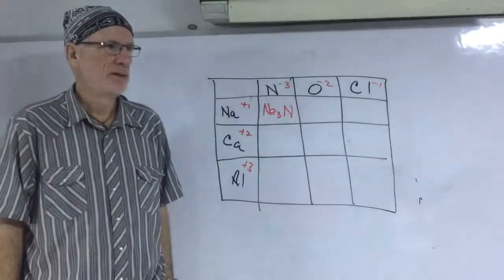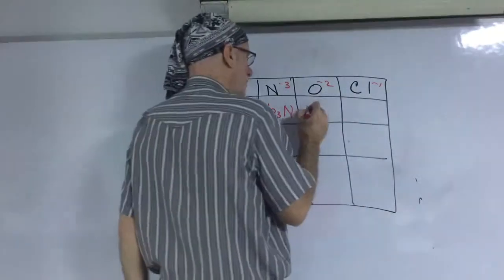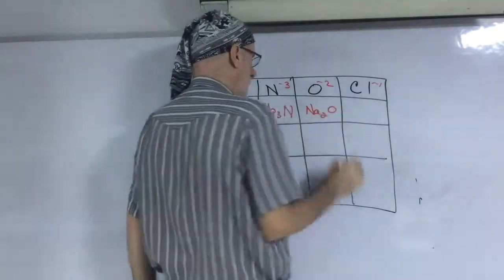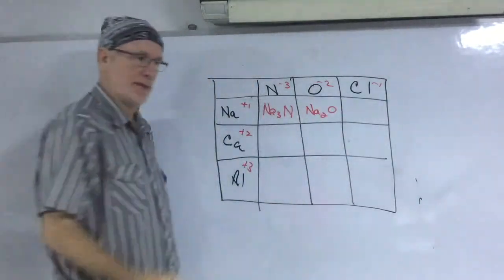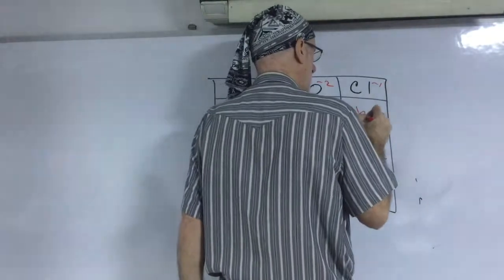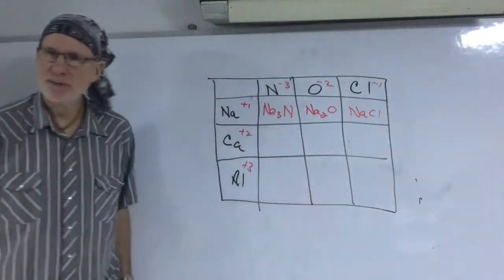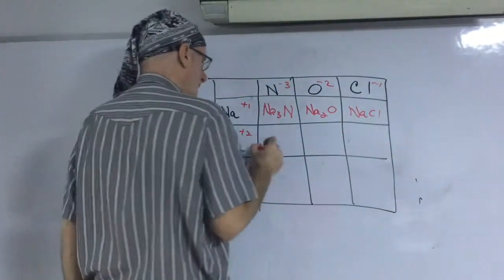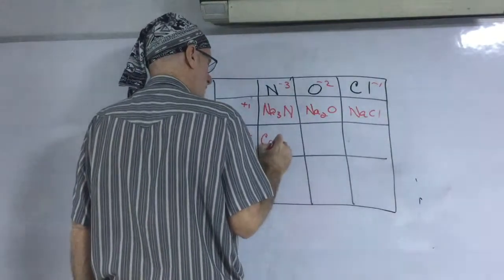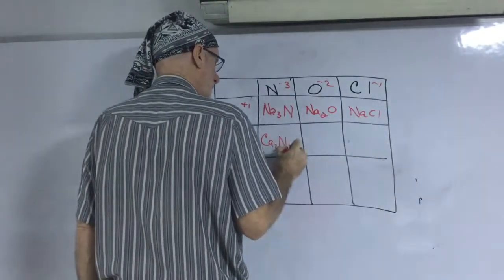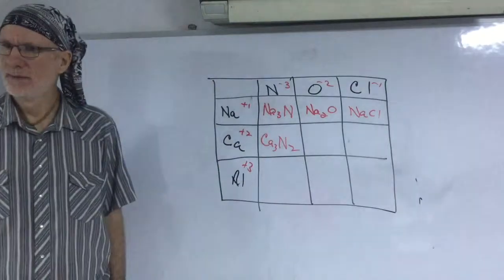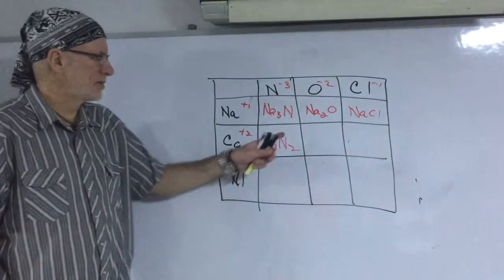What's this one going to be? Na2O? What about the next one? Yeah, NaCl. What about the next one? Ca. Is that what you said? Is that right? What about the next one?